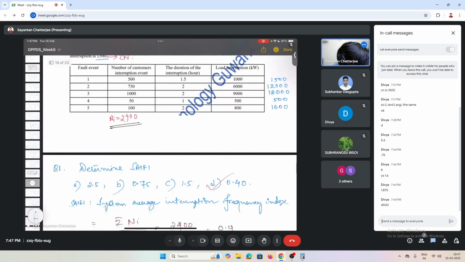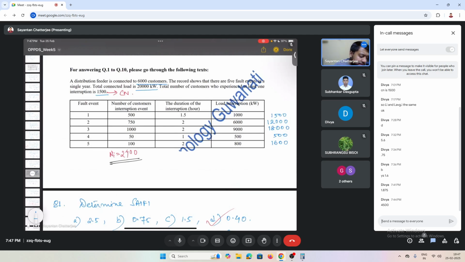So this is the data set again. Kilowatt hour we can determine from here itself. 0.005. Is this value coming to 33600?